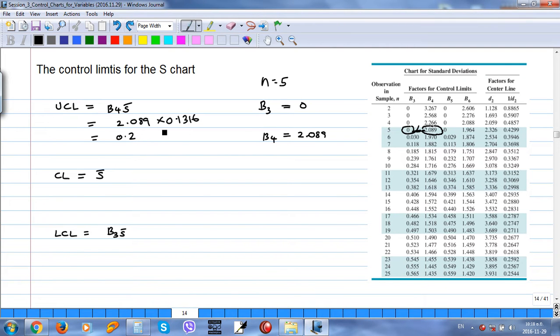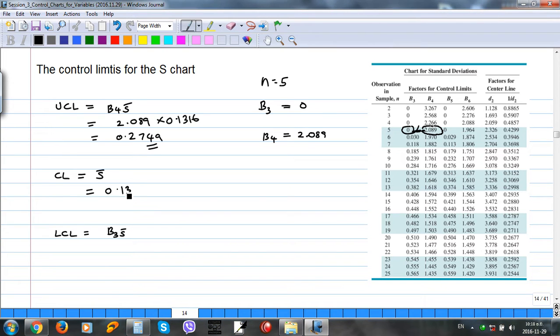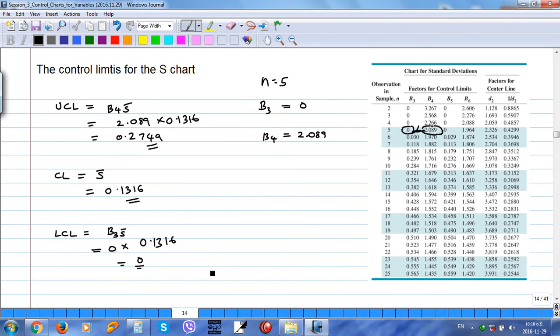That is the upper control limit. The center line is s bar, that is 0.1316, and b3 equals 0 multiplied by 0.1316, that is 0. These are the control limits for the s bar chart.